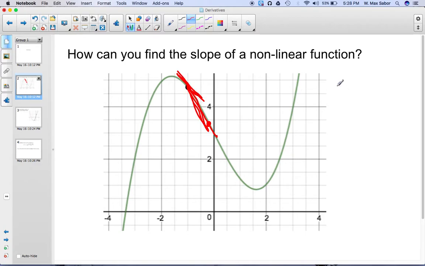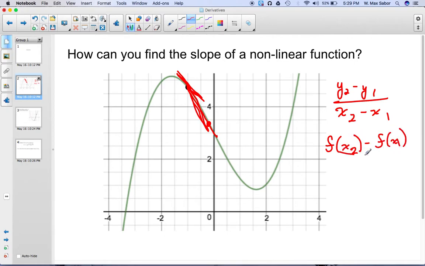So slope, again, is y2 minus y1 over x2 minus x1. If we put this in function notation, it's f of x2 minus f of x1 over x2 minus x1.